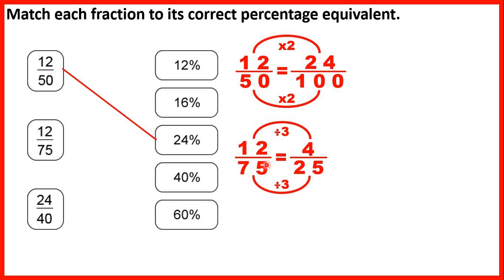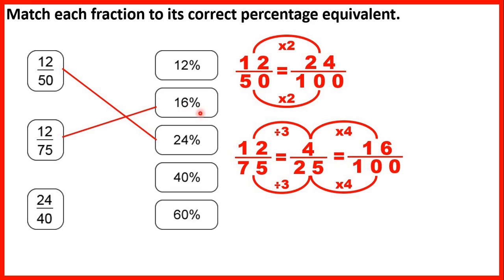So we've simplified our fraction, and now we can change it into a fraction with a denominator of 100, because 25 times 4 is 100, so if we do the same to the numerator, 4 times 4 is 16, so because 12/75 is equivalent to 16/100ths, that's 16%.